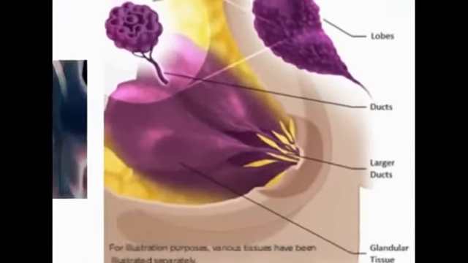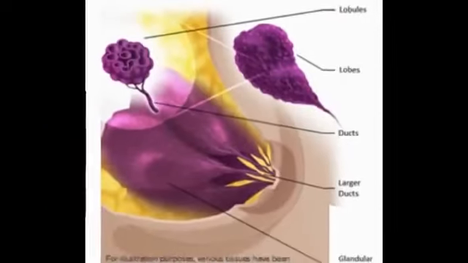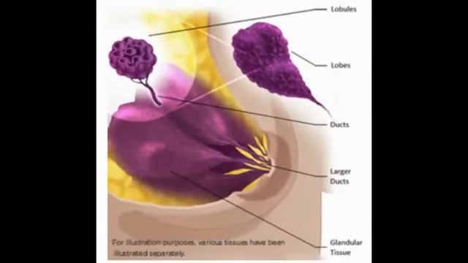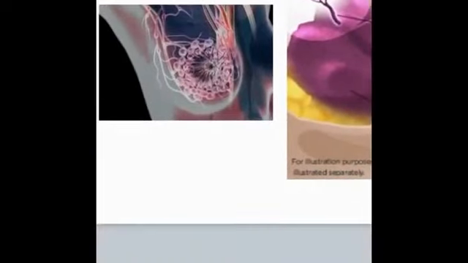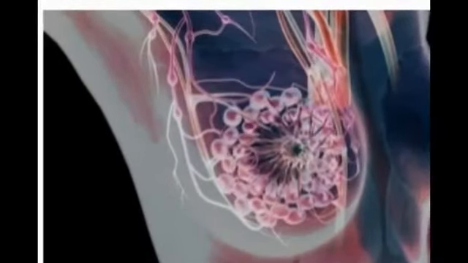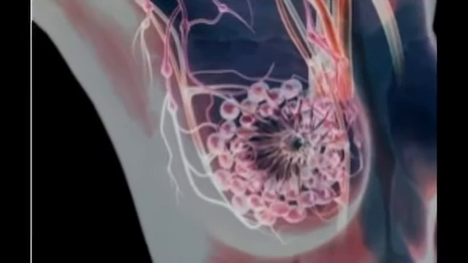On the next slide, you can see the inner structure of the glandula mammae. This is a combination of the duct system, and it is so similar to the structure of our lungs.